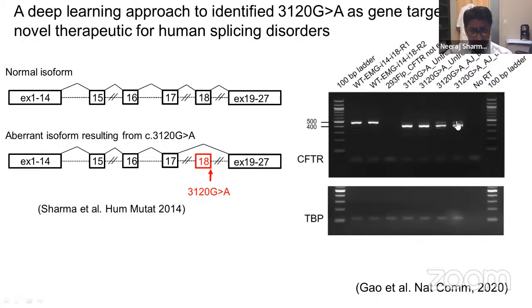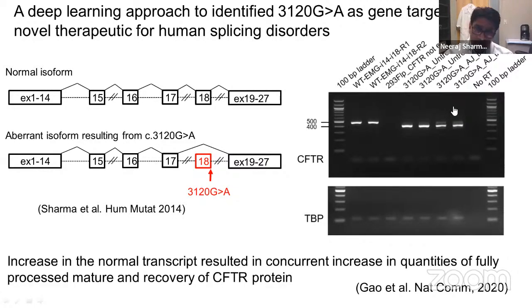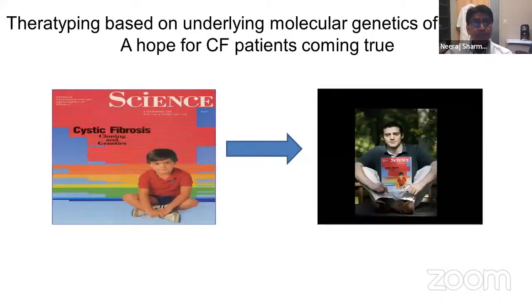In the interest of time I'm not showing those data, but these increased normal transcripts also resulted in more protein production observed on Western blot and recovery of CFTR function. This was published last year in Nature Communications.